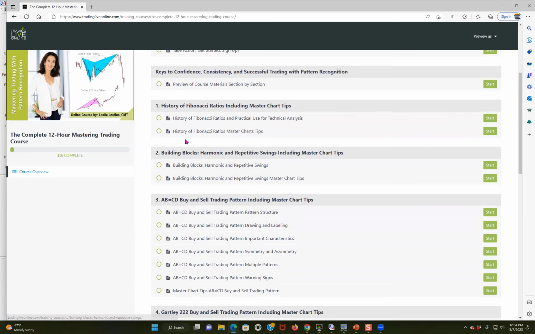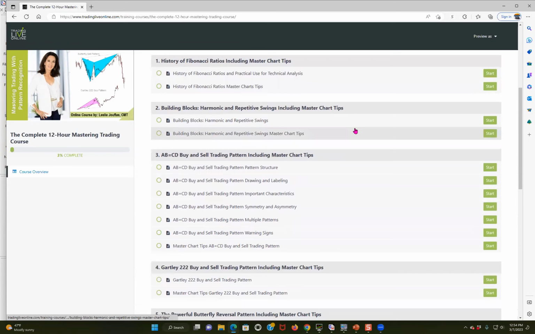So everything is building up. We're not starting at the end and working back. We're starting at the beginning and working towards a goal of creating a trading plan. Here are the building blocks of the harmonic and repetitive swings, including more master chart tips. And now the ABCD pattern.